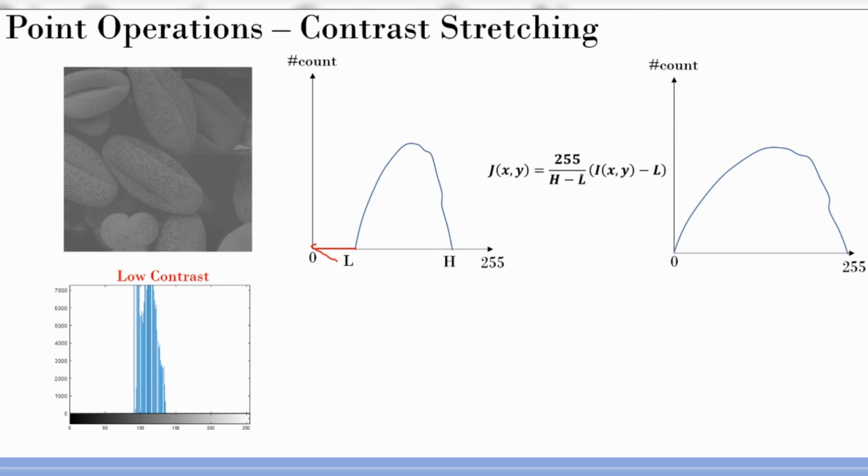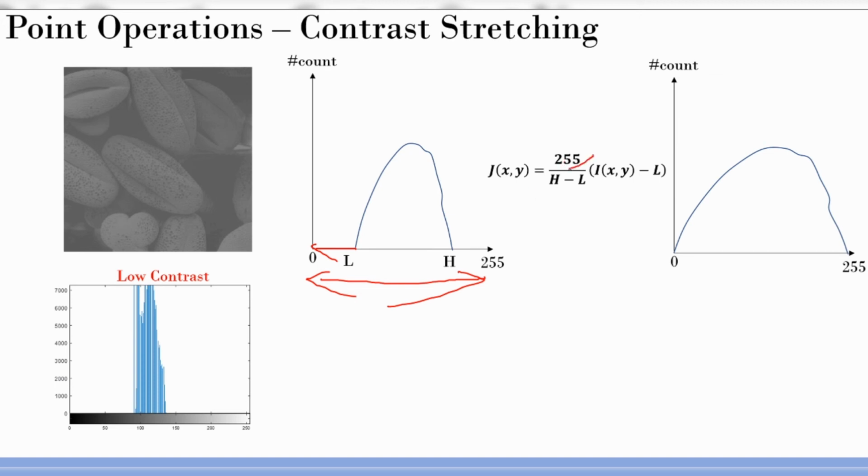If you divide by the dynamic range, it becomes 0 to 1. This is H minus L, which is the inherent dynamic range of the image. So then the low value becomes 0 and the high value becomes 1. Then you multiply by 255, which is the original dynamic range, which I am assuming is 255 here. So once again, I of xy minus L pushes the lower value of I of xy to 0, then you divide by the dynamic range, and then you multiply by 255.